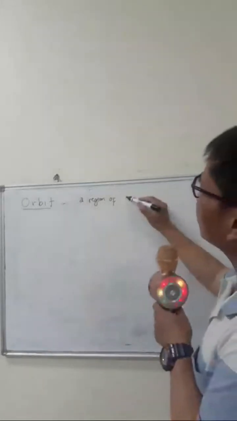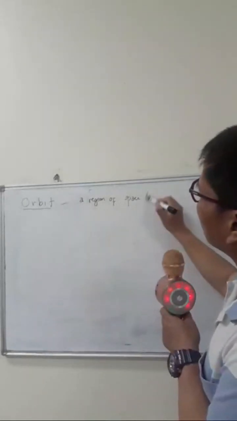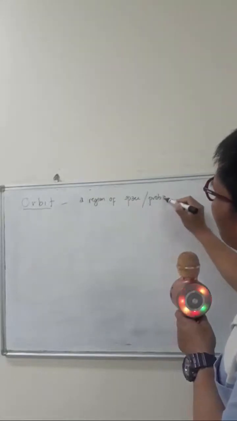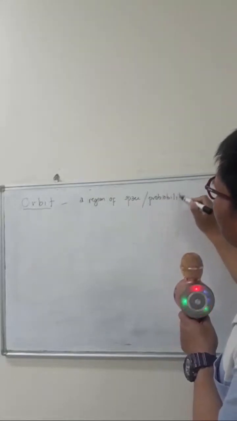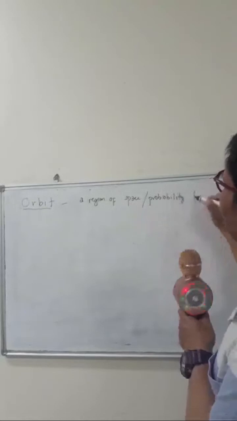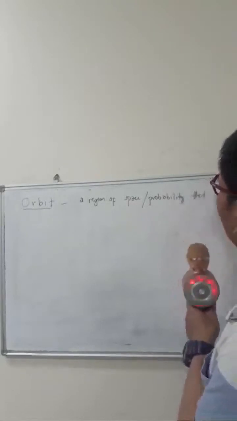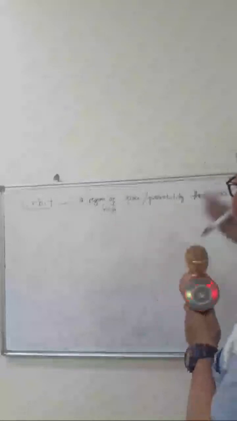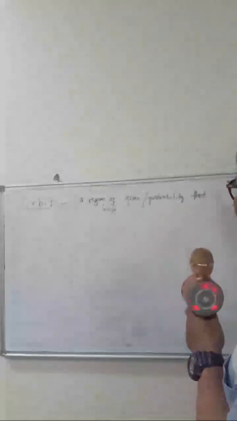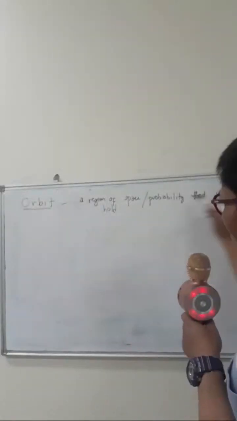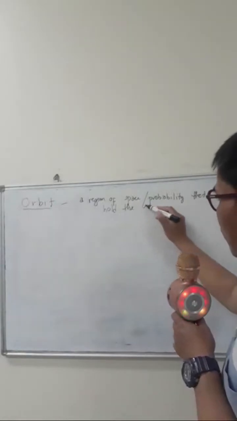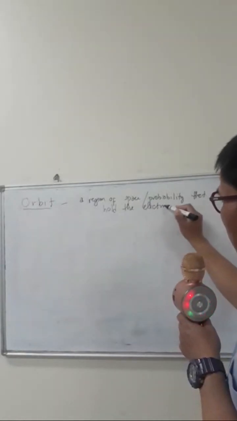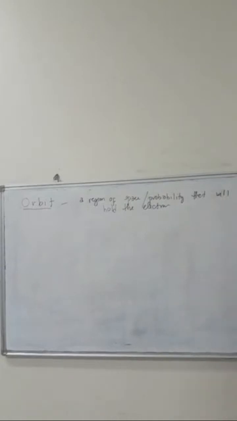A region of space or probability that can hold the electrons. That can, or that will. So English matters, right? That will hold the electrons. A region of space and probability that will hold the electrons.